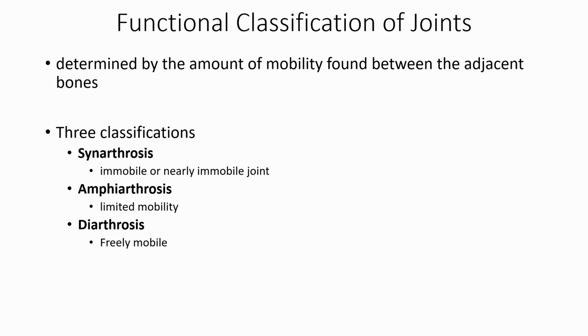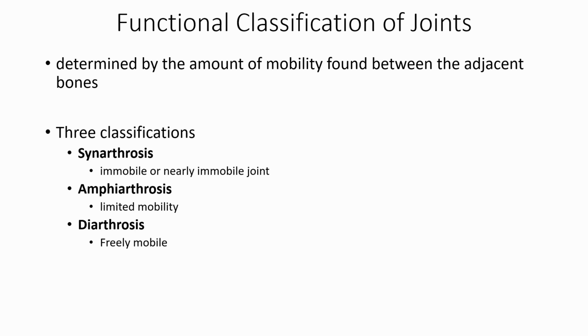So if we're looking at the functional classes, this is where we're looking at how much mobility we have between the bones that are coming together. We have three classifications: synarthrosis, amphiarthrosis, and diarthrosis. So synarthrosis means that it is nearly immobile, or it's immobile completely. These cannot move. These bones come together and that is it. They are not moving around.